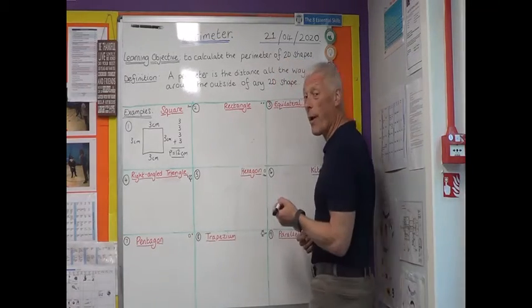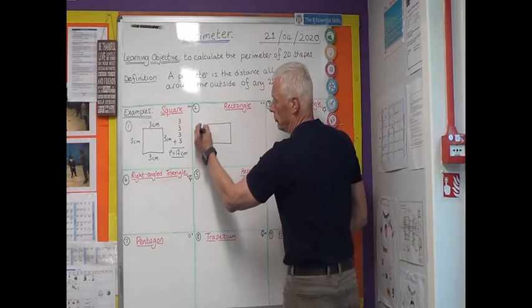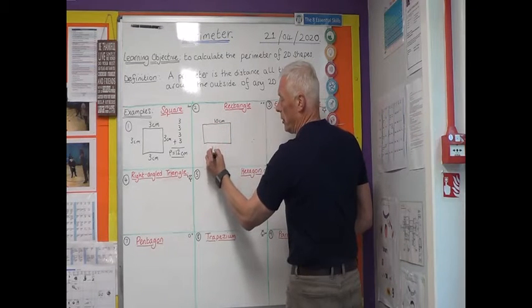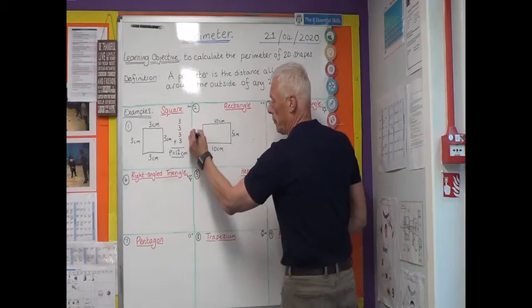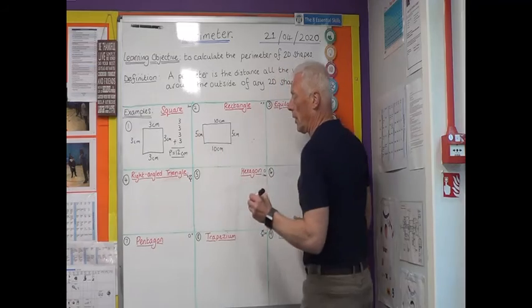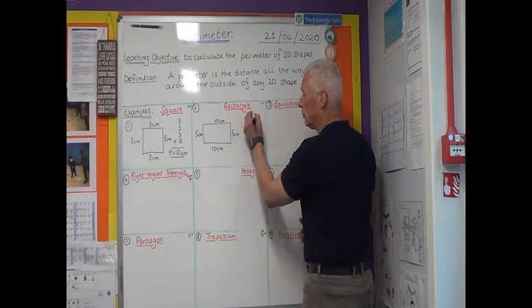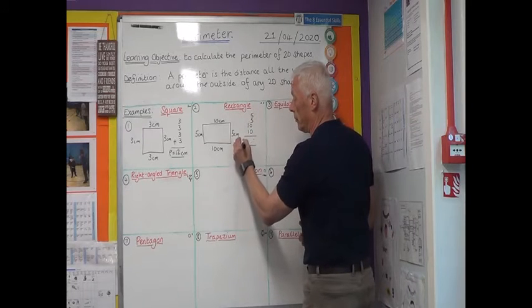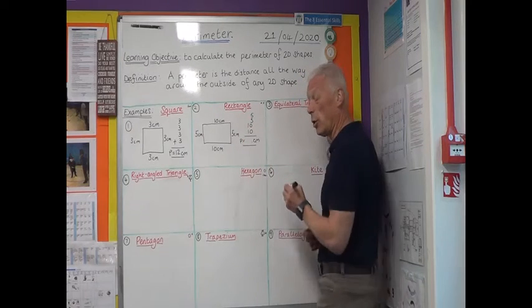If we look at a rectangle, and I give those distances again in centimetres, then the perimeter of a rectangle, using your column addition, so all of these are in a column, you've got P equals in centimetres, and you are adding those up.